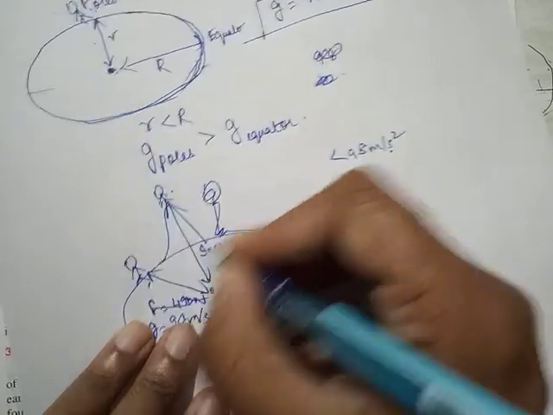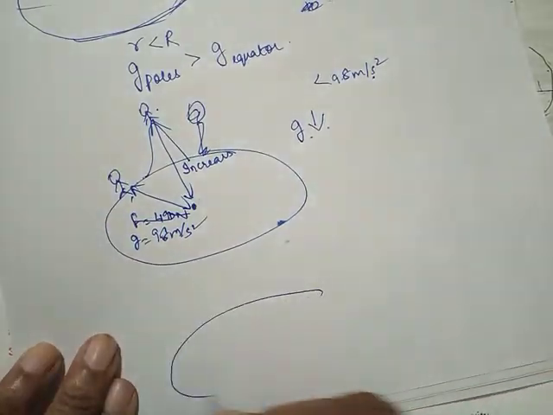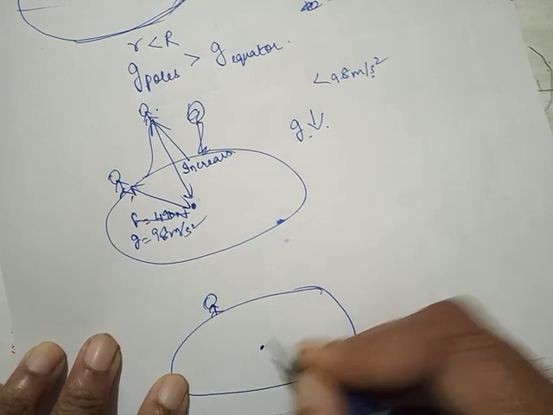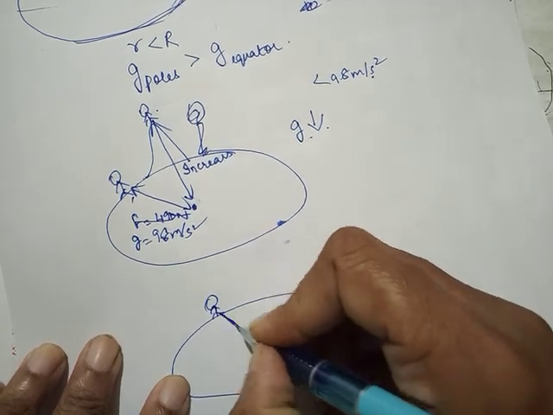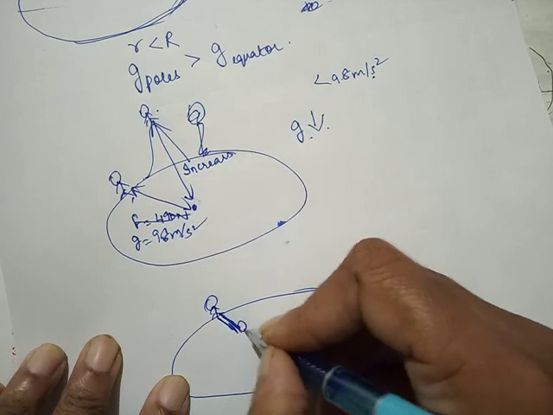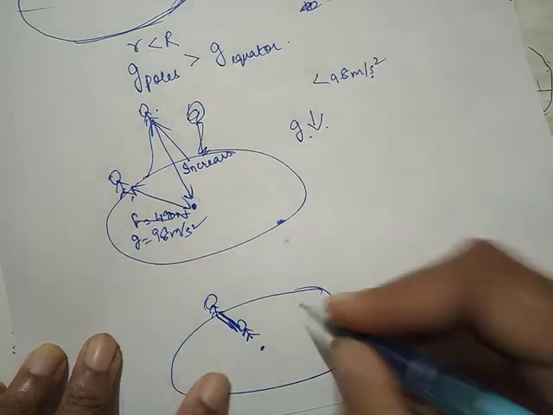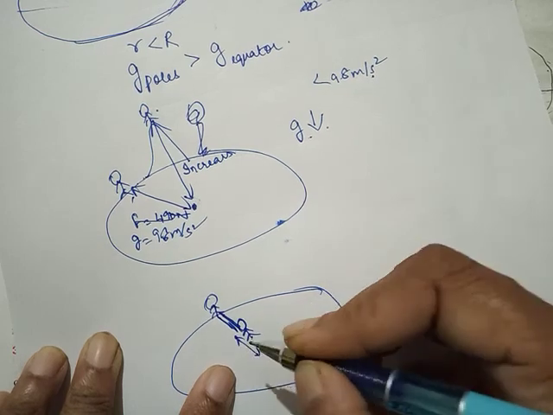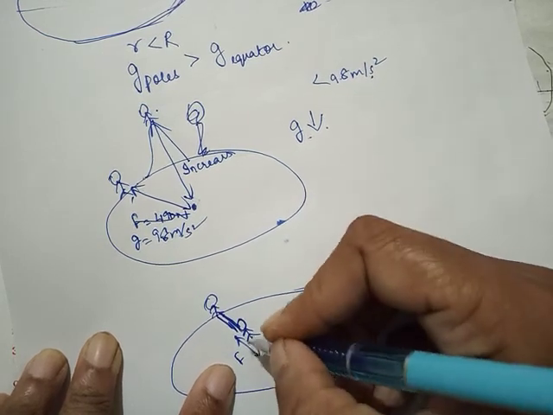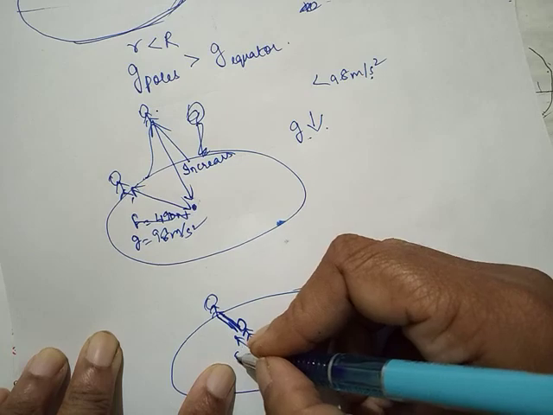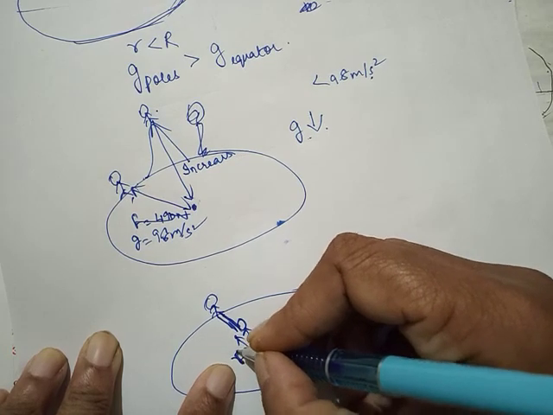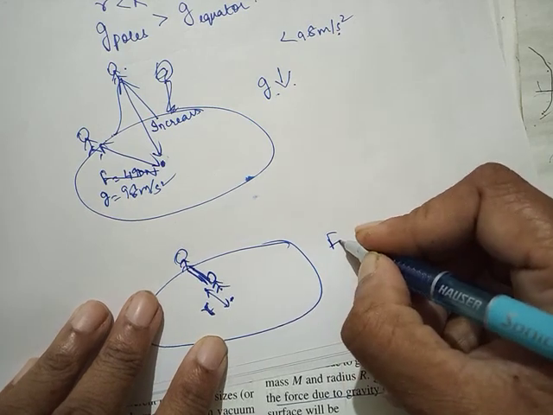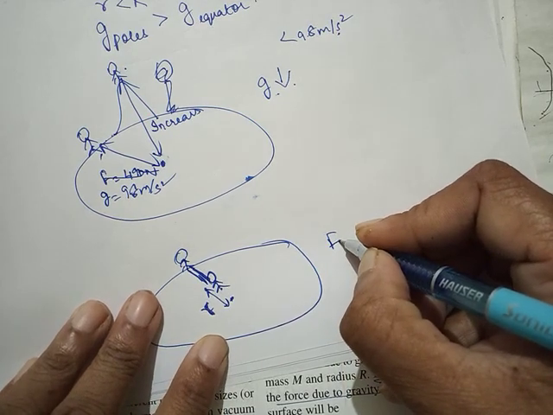Now what happens? Ramu has decided, he's working in mines, so he has to go inside the surface of Earth. There is a mine here and he goes here to work. Now the distance between them is decreased, so the force of gravity has to increase, right?